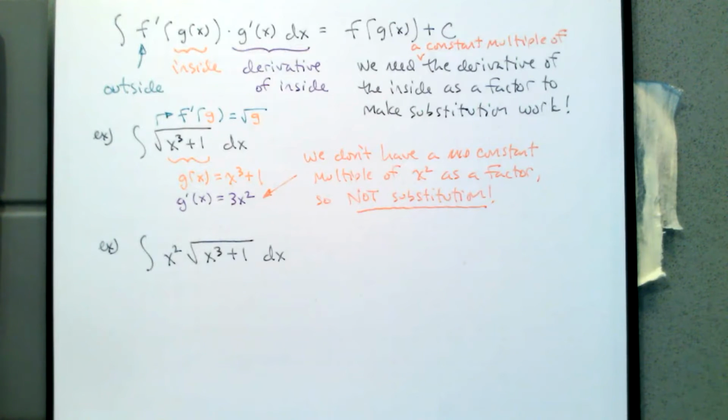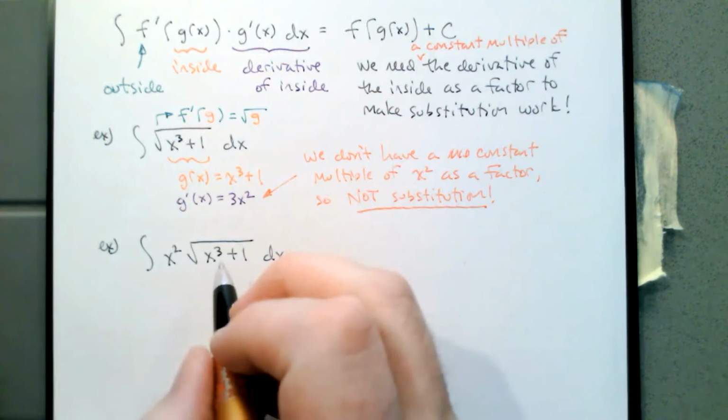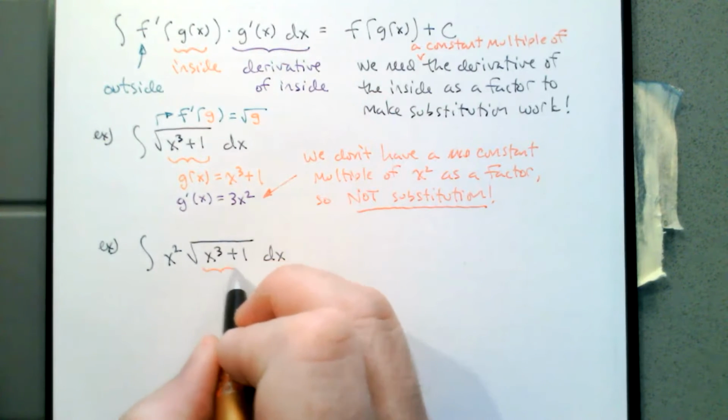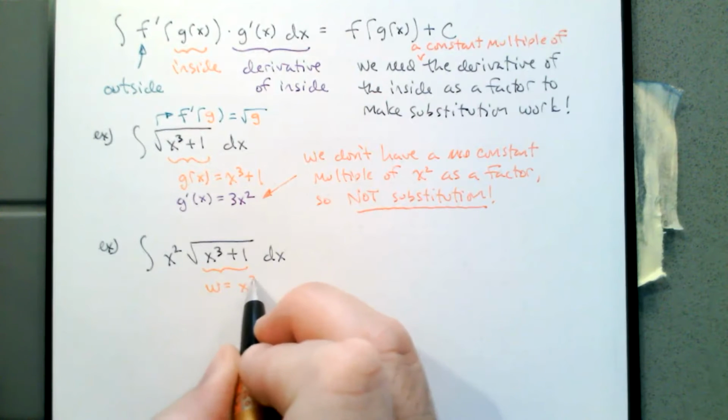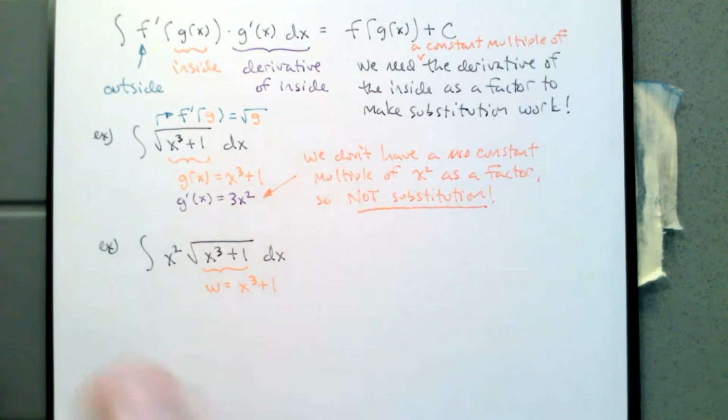We'll say our inside is x cubed plus 1. I'm going to replace my clunky g of x notation with, let's go with w. Our inside is going to be x cubed plus 1, just like before.